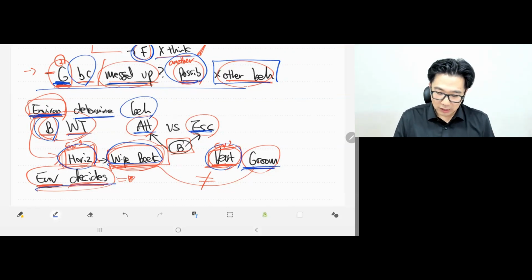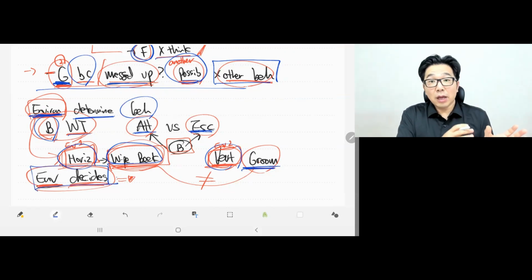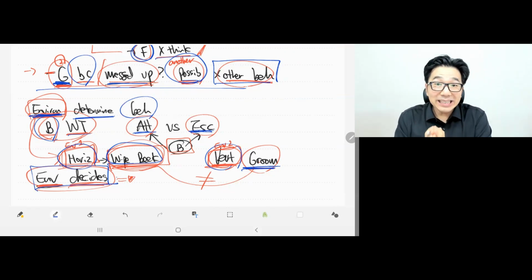So really, a different action happens depending on the environment the animals are in. So it's decided by the environment. How is that?